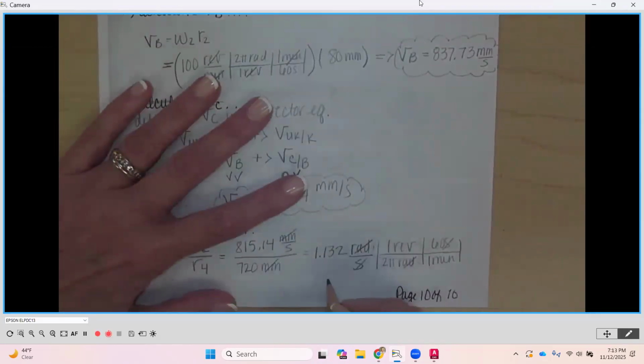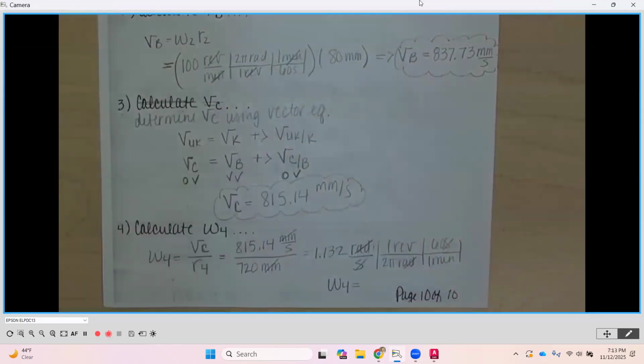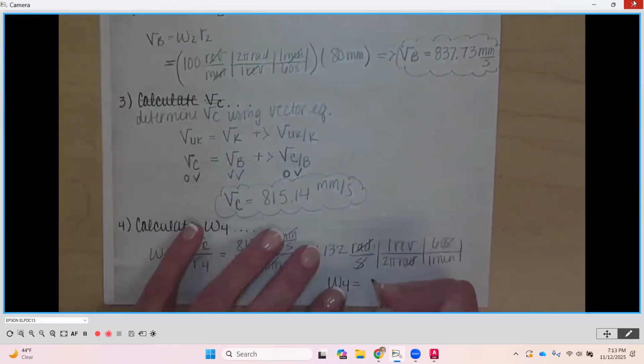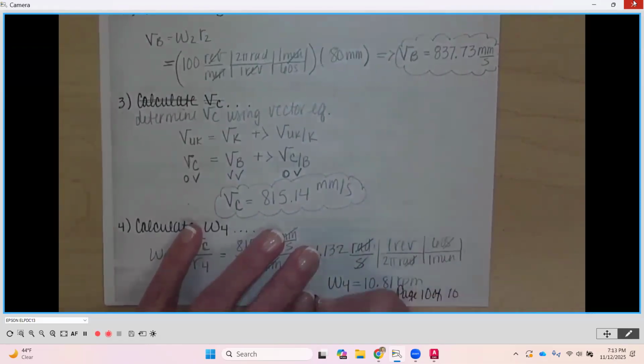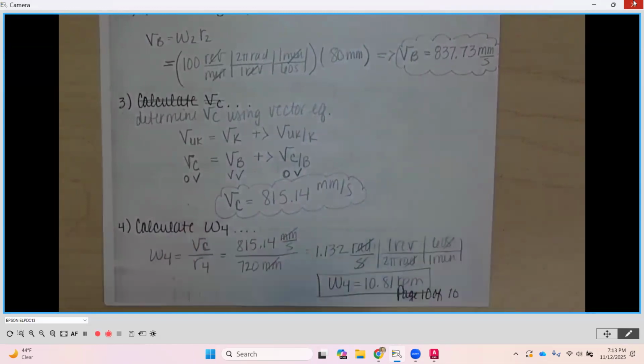So our angular velocity of link number 4 is 10.81. Is that right? Okay, RPMs. Now, I do need to give it a direction.